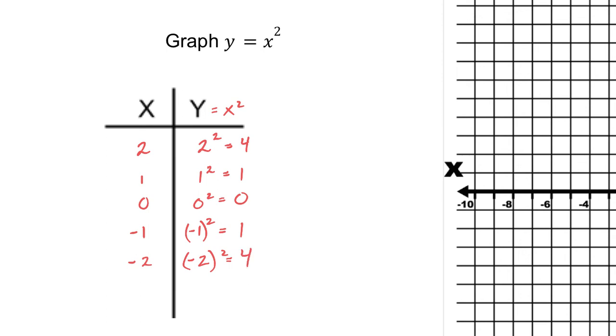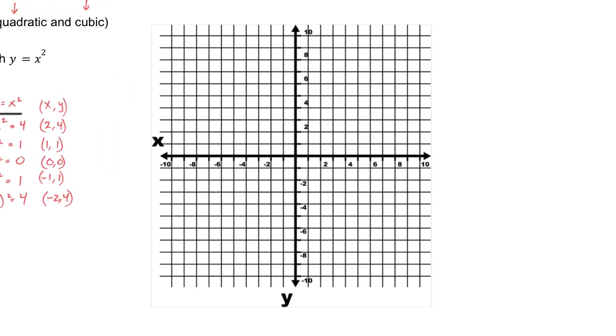And then now we would have our x and y's right here. So that means we would have 2, 4, and we would have 1, 1, and 0, 0, and -1, 1, and -2, 4. And we can graph these on this xy plane.